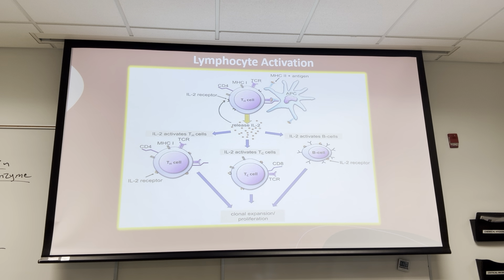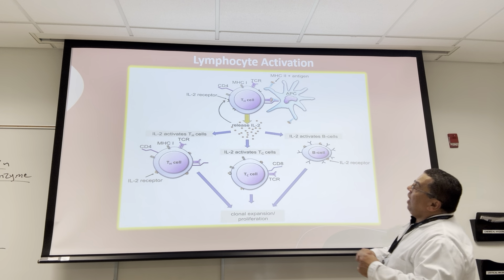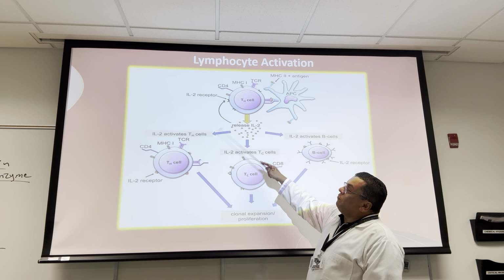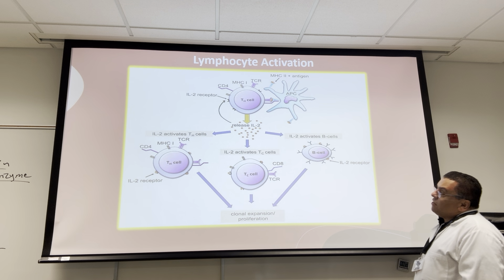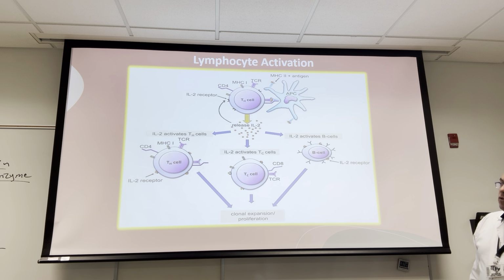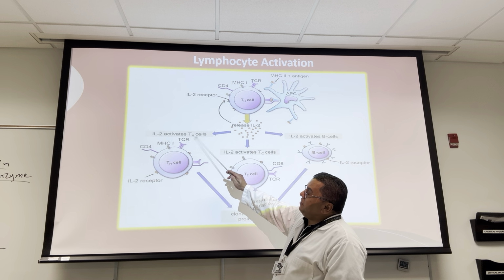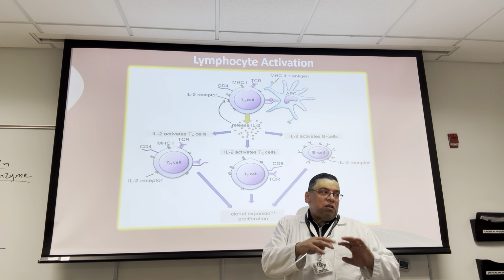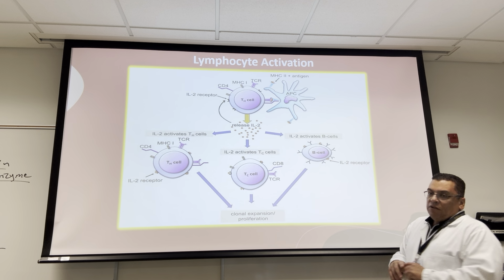Now, once the helper T cell is activated, how does it get activated? Through antigen presentation. It will release a whole bunch of things. One of those things is called interleukin-2. Interleukin-2 activates other helper T cells. By the way, the helper T cells, there's different subtypes, and I'm not going to go into that detail.